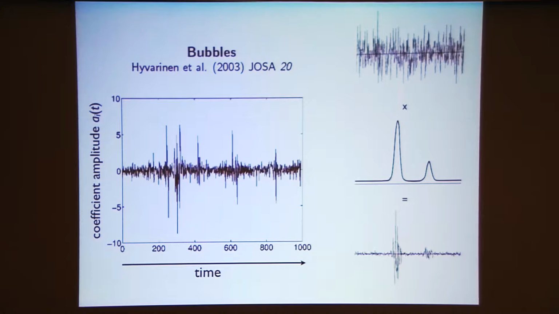So what Aapo proposed here is that maybe a more efficient way of describing what's going on in these coefficient activities is to think of them as being the product of a smooth or slowly changing envelope variable, an amplitude variable over time, multiplied by a more quickly changing variable that one may think of like a carrier, like AM modulation. It's not necessarily at a single frequency or something like that.